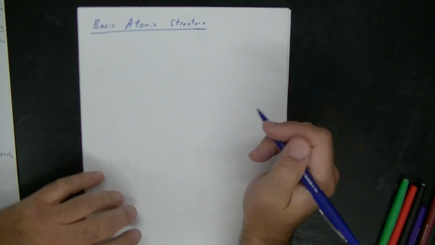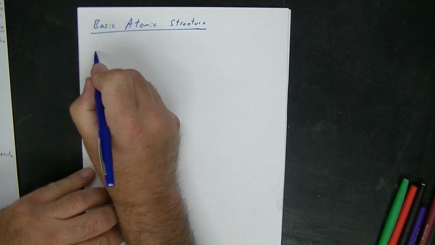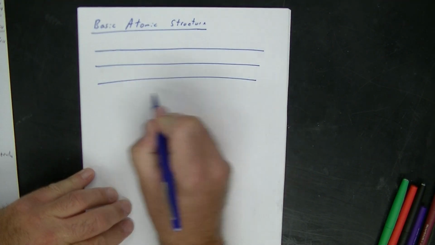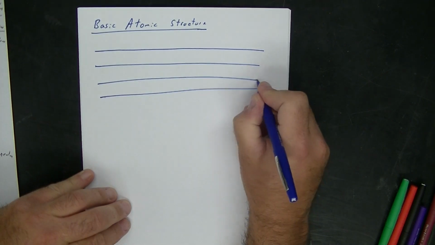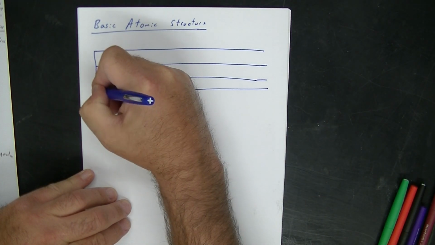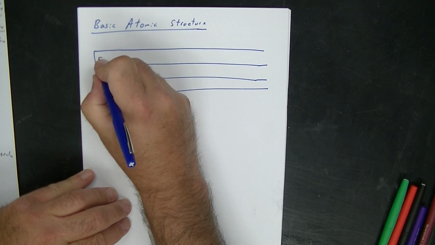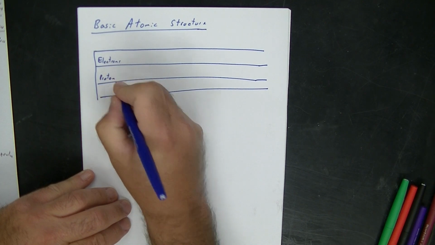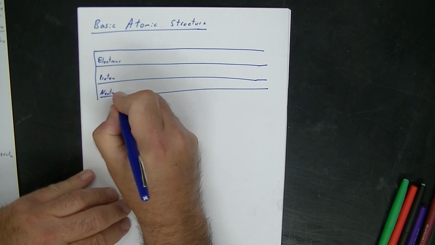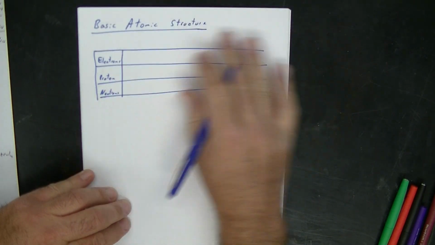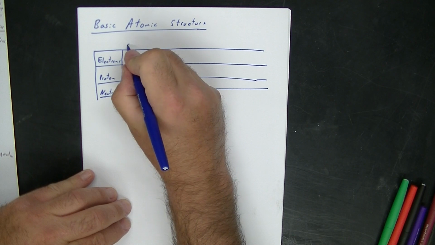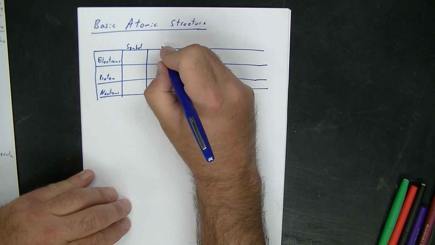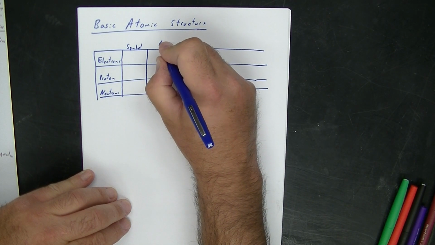So what I want to start with is just let's make a little chart here. And this is electrons, protons, and neutrons. And let's just put symbol here. This is going to be absolute charge.